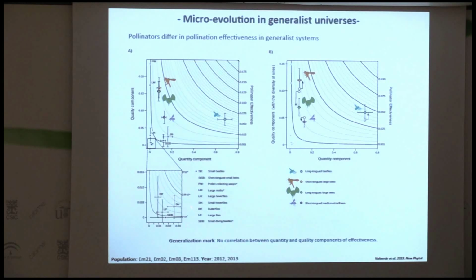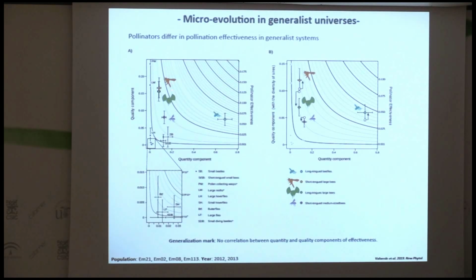It's something very common in generalist systems, but there are some groups acting as good pollinators. But there are many differences. This is something that is typical of generalist systems.